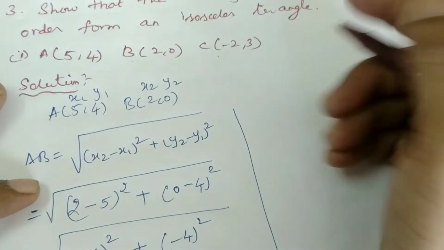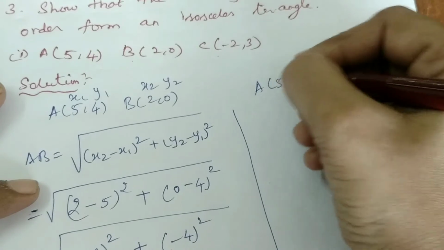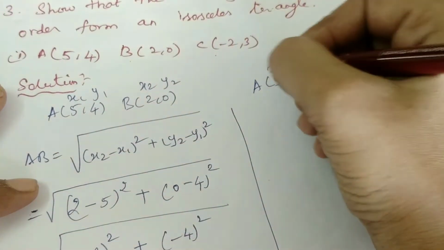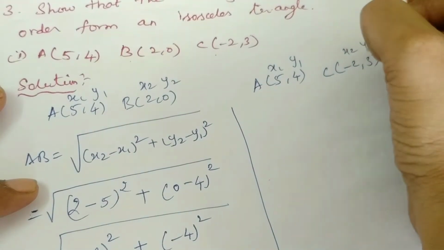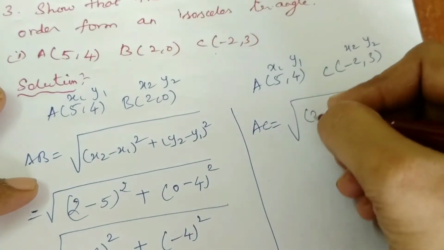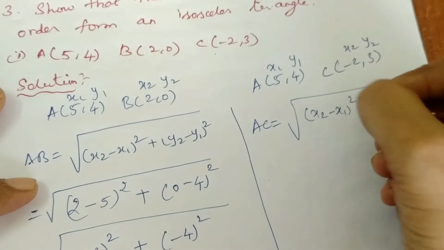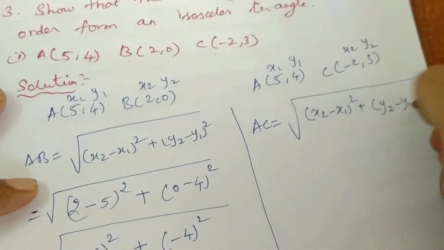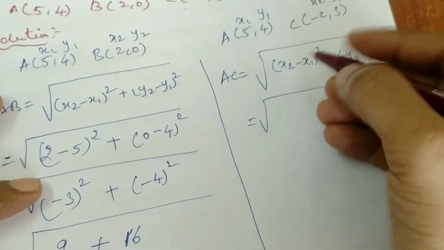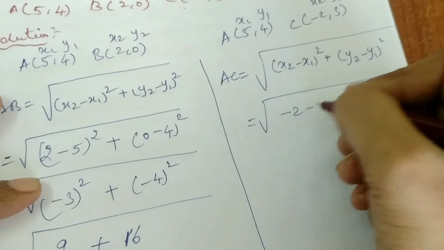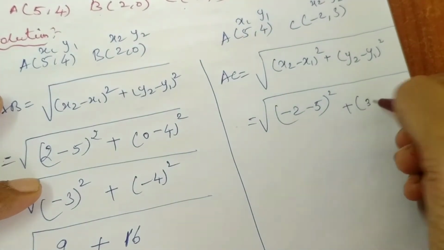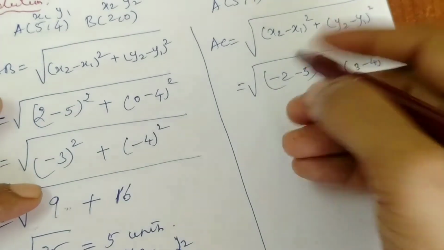So now we are going to find the distance between C and A, or A and C. Our A point is 5, 4 and C point is minus 2, 3. With x1, y1, x2, y2, AC equals square root of (x2 minus x1) the whole square plus (y2 minus y1) the whole square, equal to square root of (minus 2 minus 5) the whole square plus (3 minus 4) the whole square.